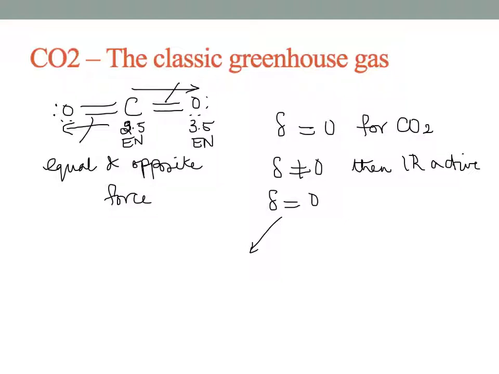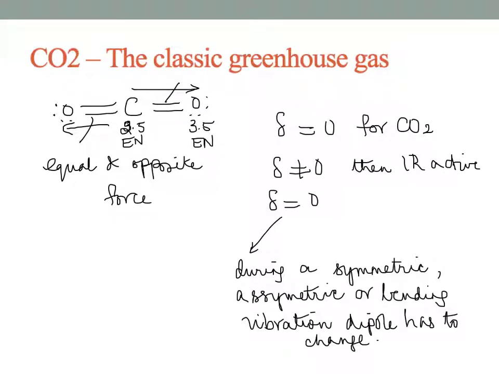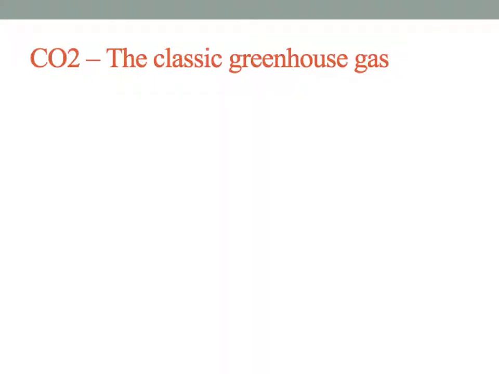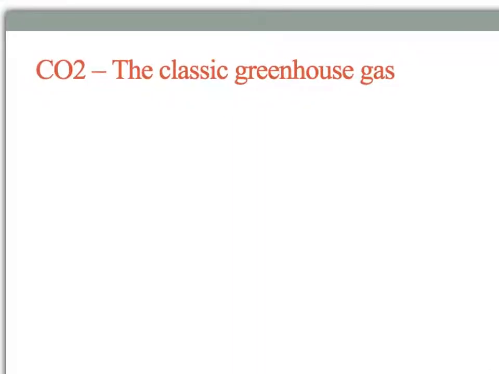Understand that the selection rule is not that it has to have a dipole, but that during a symmetric, asymmetric, or bending vibration, the dipole has to change. So, we have carbon dioxide that is simply like this, and that particular molecule has a dipole moment equal to zero.